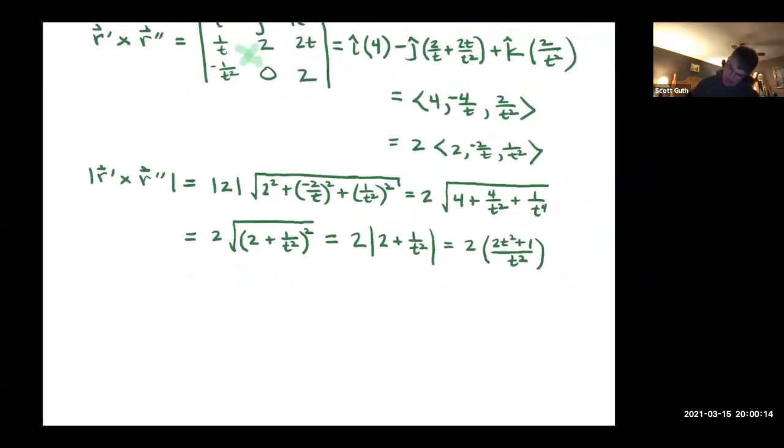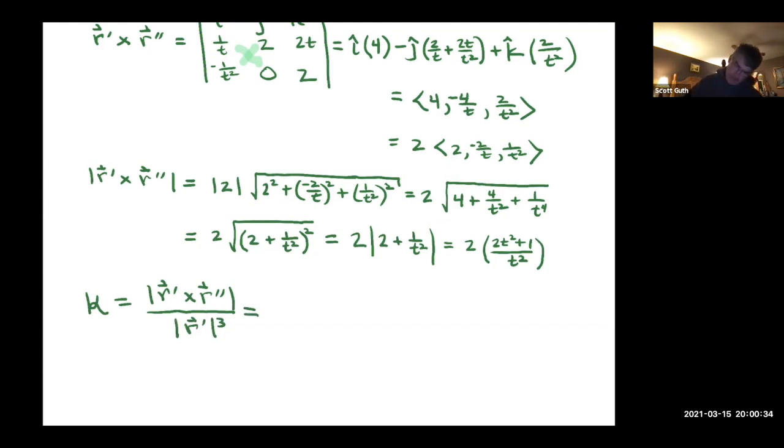Now, remember kappa is the magnitude of r prime cross r double prime over the magnitude of r prime to the 3rd. Like this.